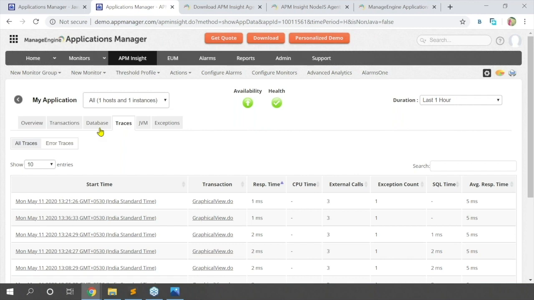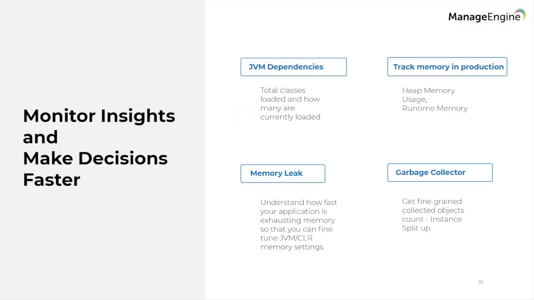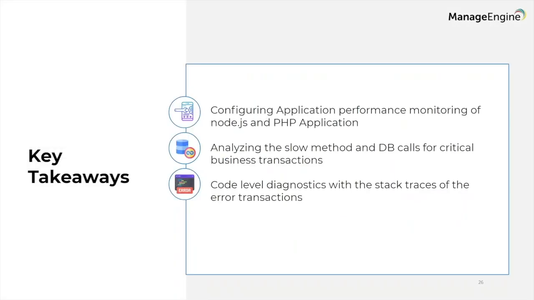So let's go back to the presentation and have a quick summary of what we have discussed in today's session. We have discussed configuring application performance monitoring for your Node.js applications on a very basic scale. If any one of you needs high-level configuration assistance, after this webinar a feedback form will be sent.